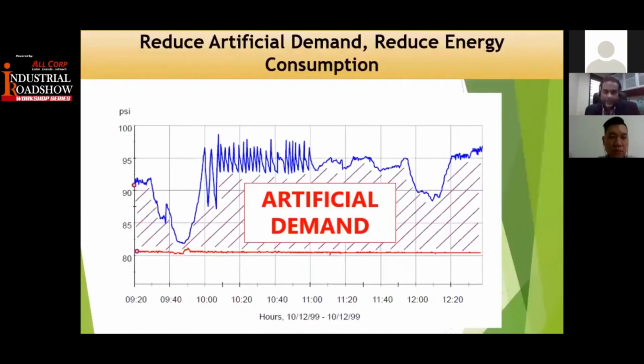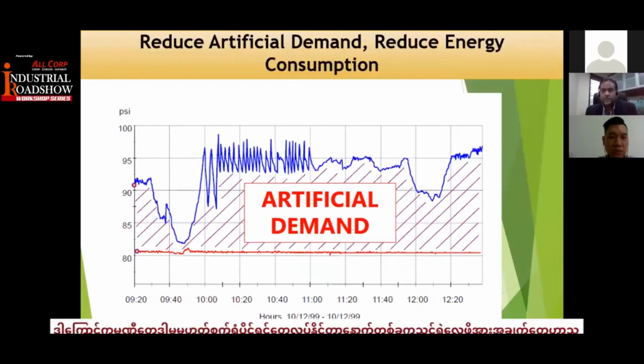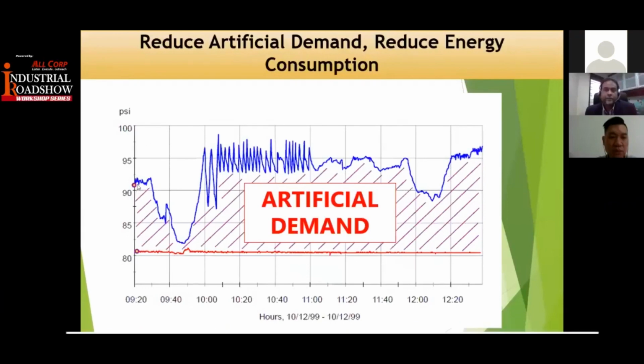So the other thing that companies or facility owners can do is to find out how your pressure fluctuates at your compressor outlet point. It's very easy to do a pressure measurement. You just take out your pressure gauge, put in a pressure transducer, and start logging every single minute for a period of time, and you will see the fluctuation of your pressure points.